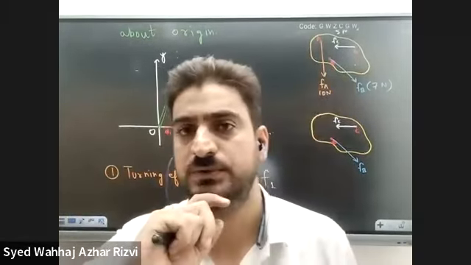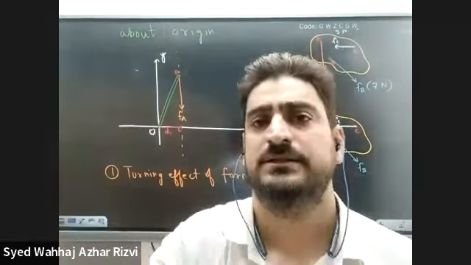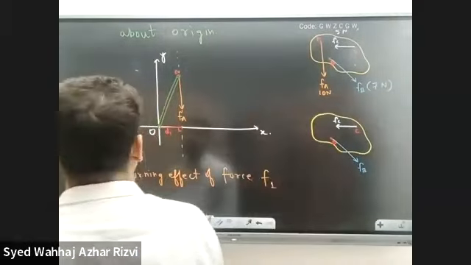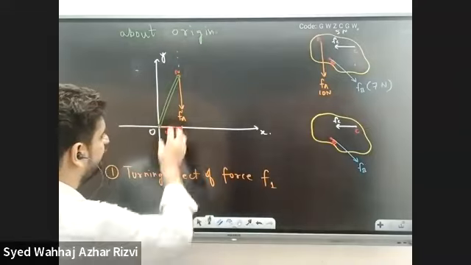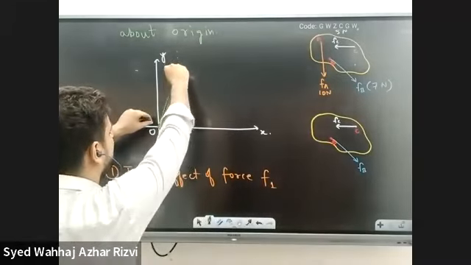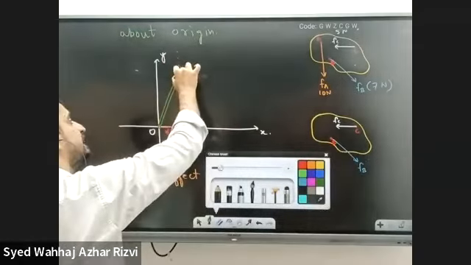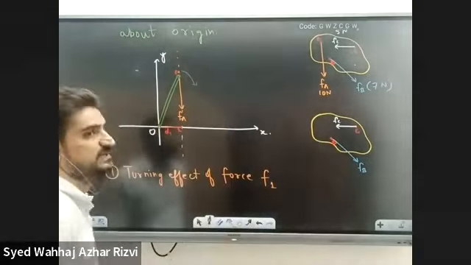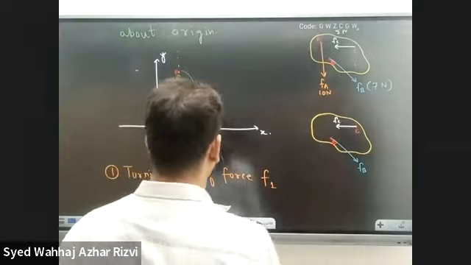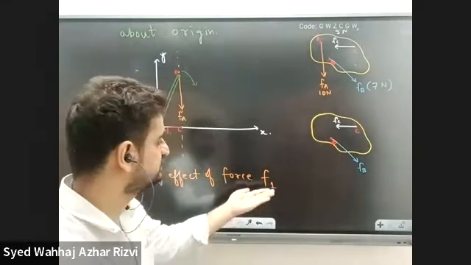Okay. What would this do? This is the question. So this Fa force would bring this one down, and it would make this rod rotate clockwise. Okay. So what is the turning effect of force F1?